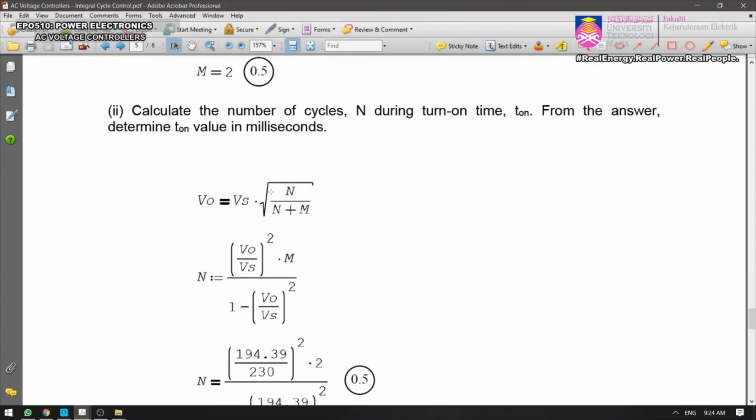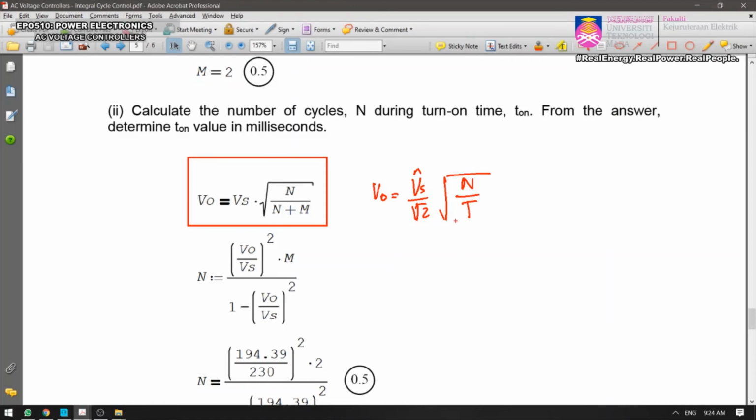So we know this equation, the load RMS, okay, V out equals Vs, the supply RMS, multiplied by, if you refer to the notes before, you have V peak over square root 2 multiplied by square root of N divided by T. Yeah?